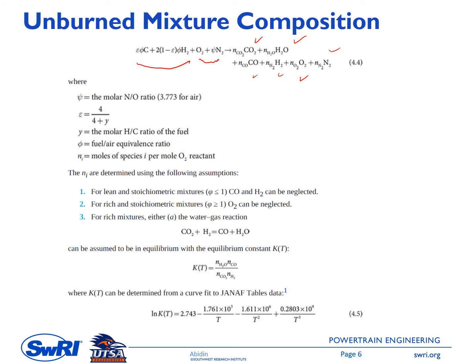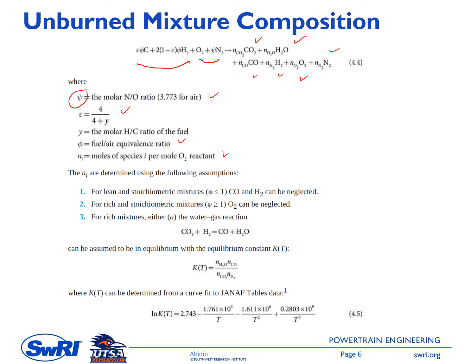So from this equation 4.4, we introduce several parameters. The first one here is the molar N2 to O2 ratio, which is 3.773. And then epsilon here equals 4 over 4 plus y, and y is the HC ratio of the fuel, and this one is phi, the equivalence ratio, and then Ni here is the moles of species i per mole of oxygen in the reactant.